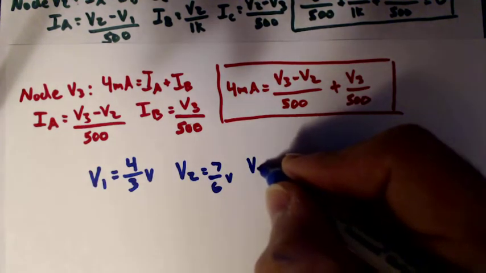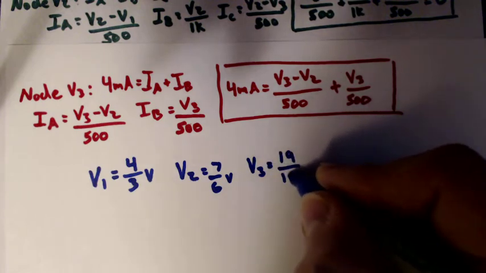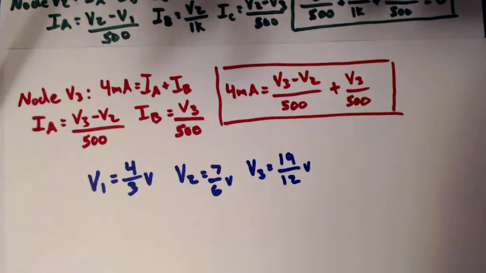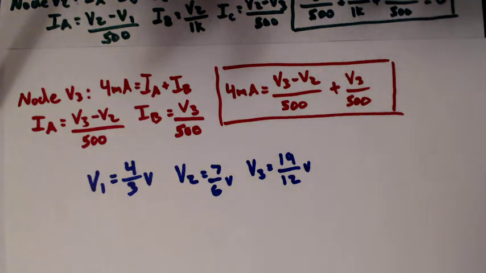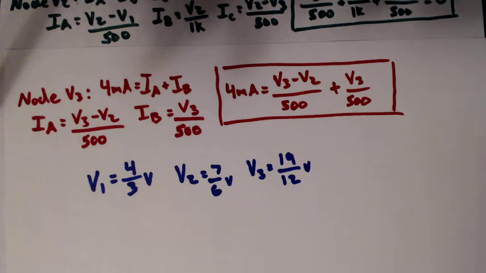And V3 is going to be equal to 19 divided by 12 volts. Okay, let's go ahead and we're going to rewrite our original circuit. We're going to plug in these voltages, and I kind of want to show you what our result actually looks like over here.